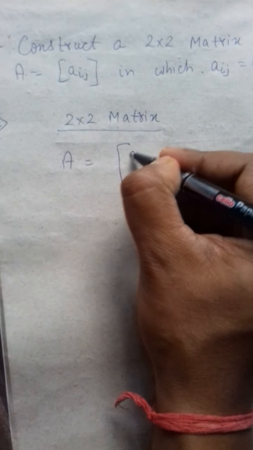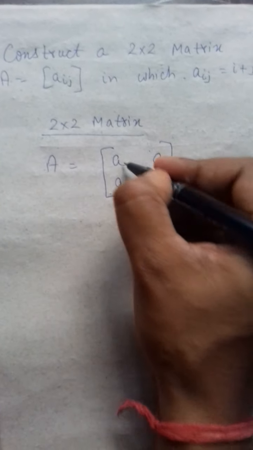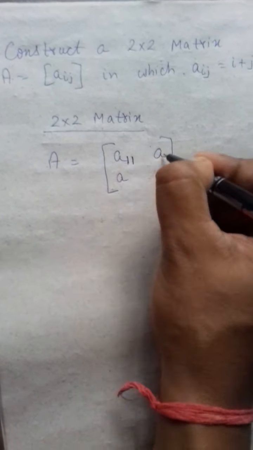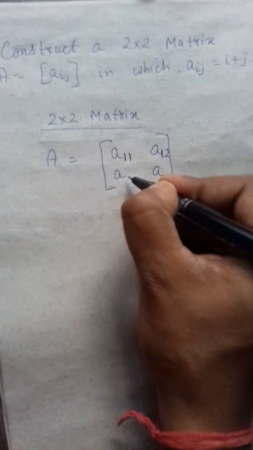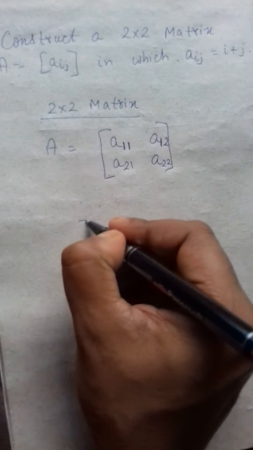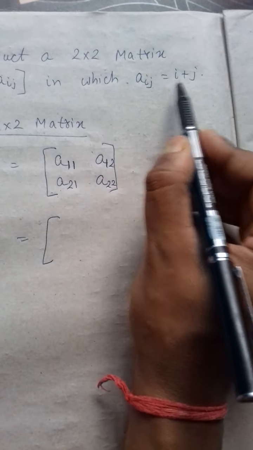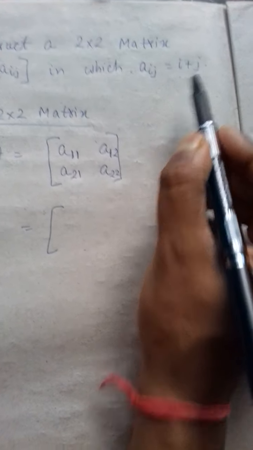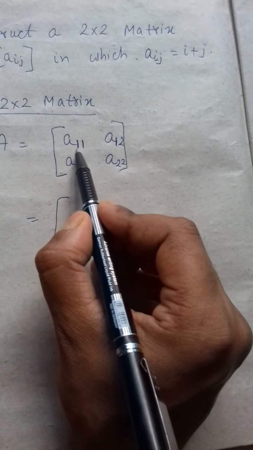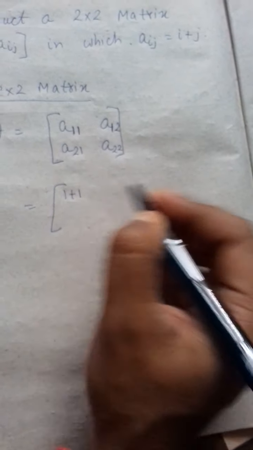So a 2 by 2 matrix means it has 2 rows and 2 columns. So we will indicate the elements as A11, A12, A21 and A22. Here it is given that Aij is equal to i plus j. Here i and j are 1 and 1, so its first element will be 1 plus 1.